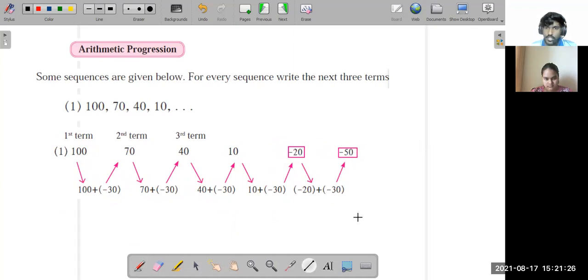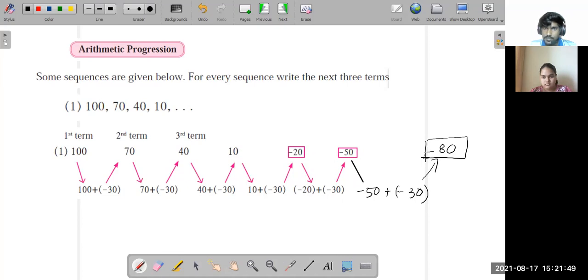We can continue this because we have to find the next 3 terms. So this becomes minus 50 minus 30. How much will this be? Minus 80. This is the next term.